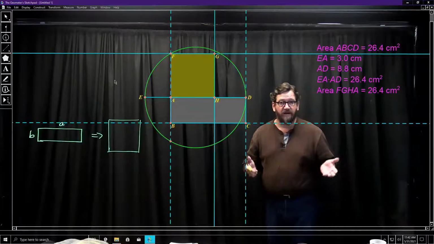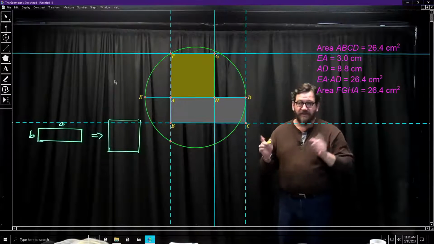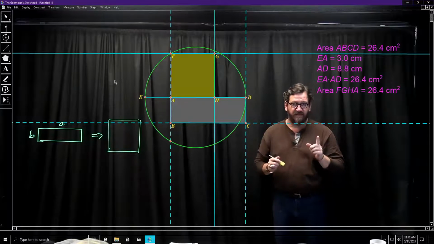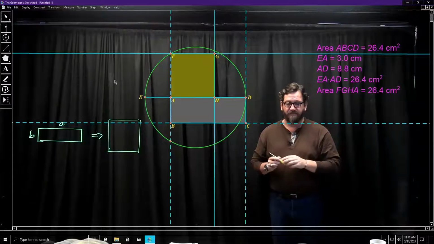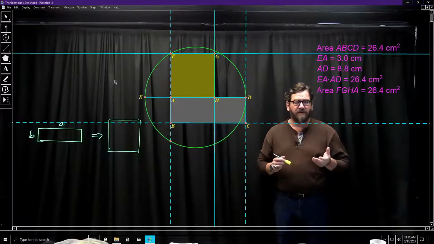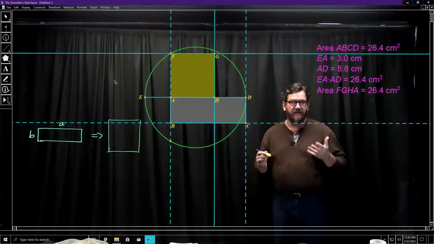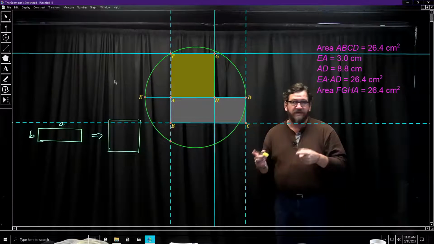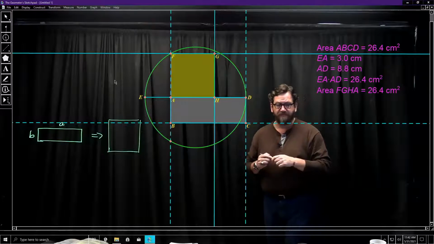To square a rectangle. Now think about what this is telling us, though, in another way. Because sometimes we don't think about these things. You're thinking about the geometry. We still do this very problem.